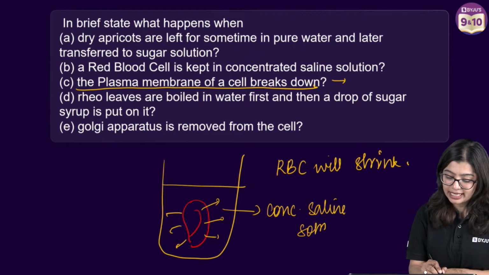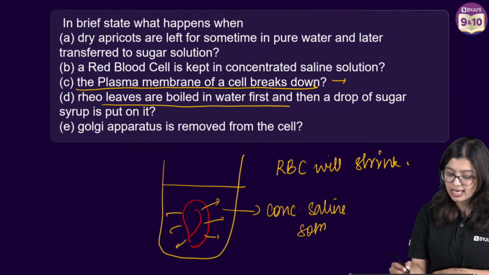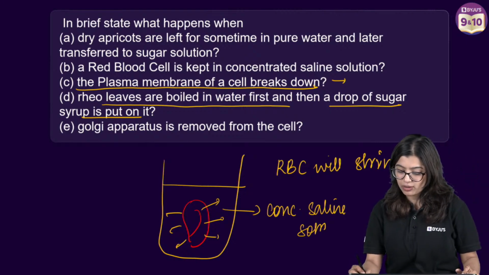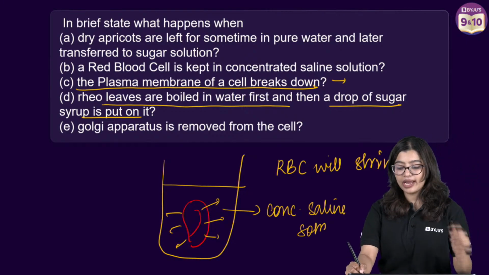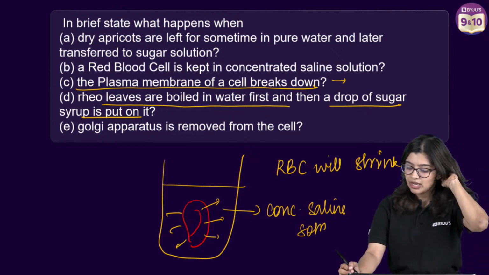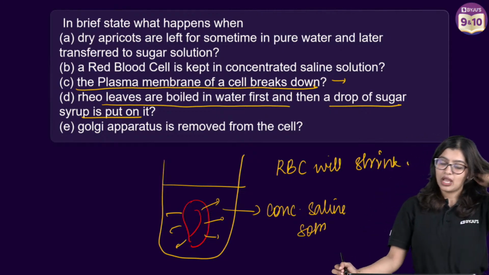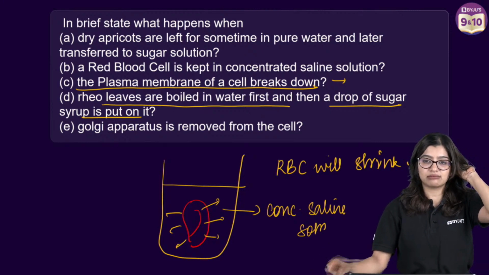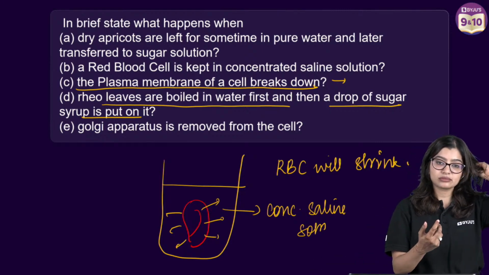If I take some leaves in boiled water first and then I put a drop of sugar syrup on it, what is going to happen? If I boil the leaves, we see that the cells are going to die. And if I put a drop of sugar water on it, do you think anything is going to happen?